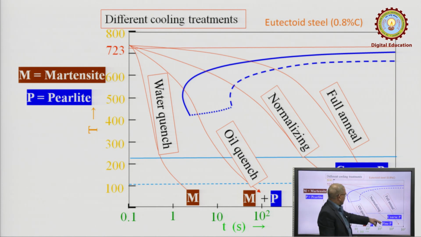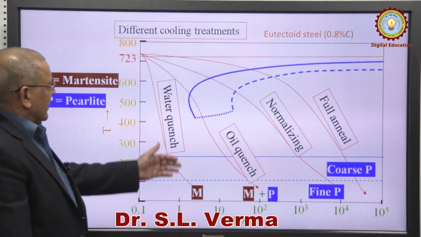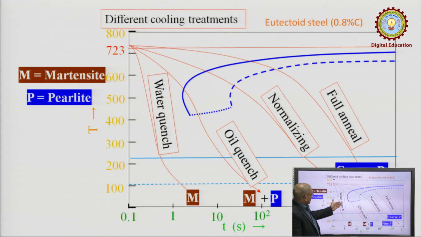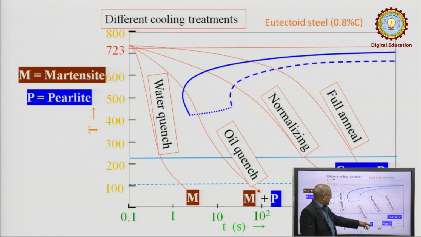So, it is fine pearlite, but in case of full annealing the rate of cooling is a bit slower. Again, when the rate of cooling is slower than water quenching, we reach oil quenching. In case of oil quenching, the austenite is transforming into martensite plus pearlite.